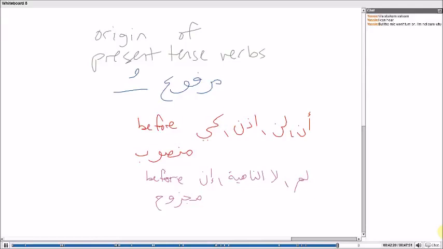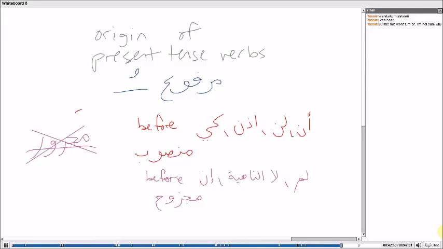And there is never a present tense verb or any other verb which is considered majroor. Never. Never, ever. Now, a present tense verb might have a kasra on it. Who can tell me why it might have a kasra on it? Or any other verb, not just present tense verb.